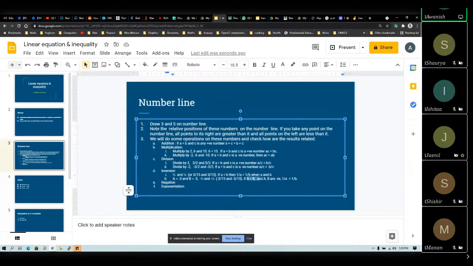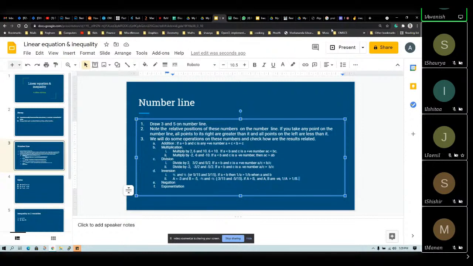So when both are negative, when you invert them, the order will not be changed. But when they are positive, when we invert them, the order changed. So if A was less than B, 1 by A became more than 1 by B. When they were negative, if A was more than B, 1 by A became more than 1 by B. It's not reverted here. Is it right? Yes.